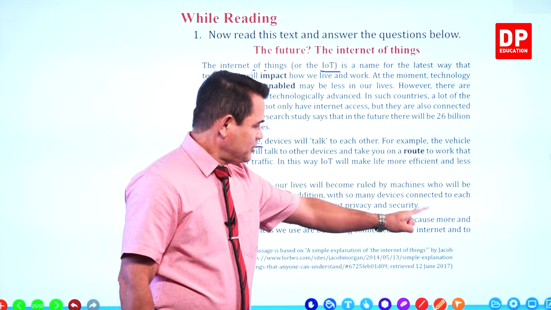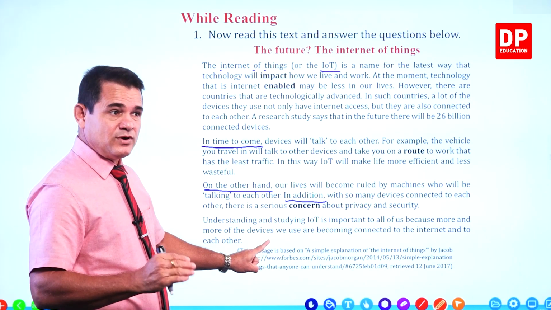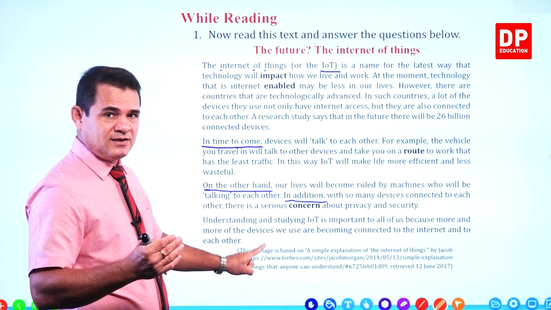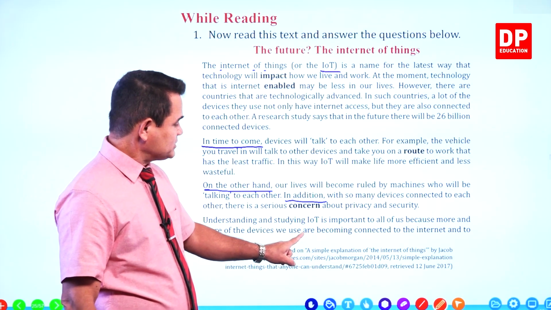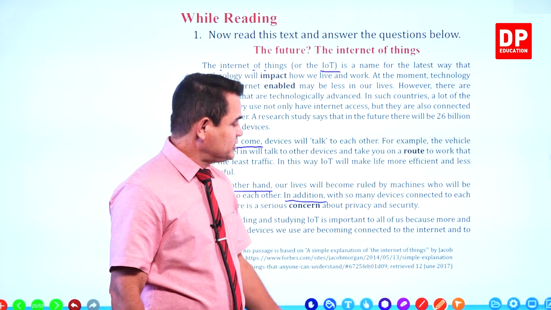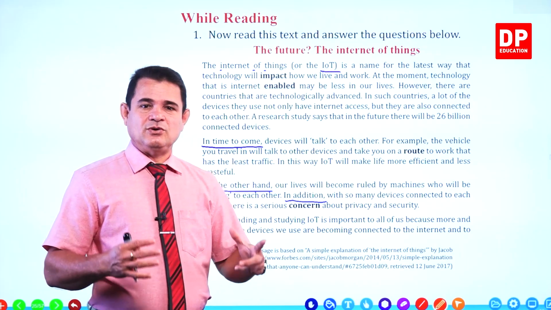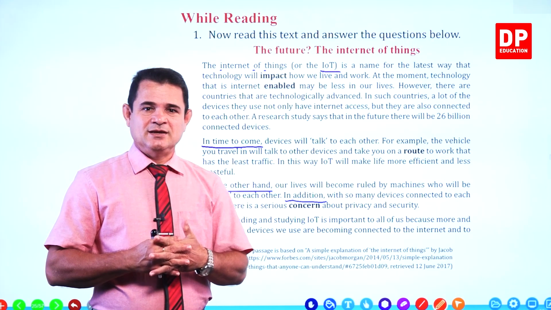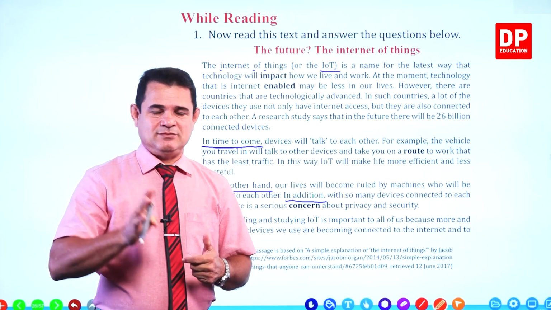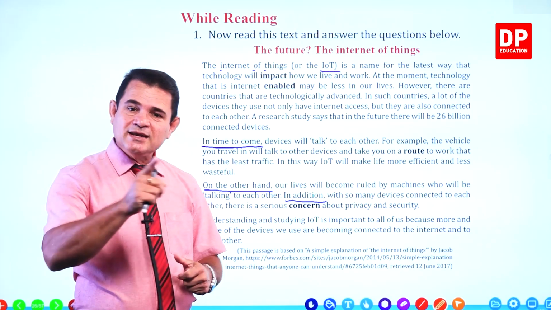Because more and more of the devices we use are becoming connected to the internet and to each other. All we use, අපි මේ භාවිතා කරන හැම දෙයක්ම එතකොට connected to internet වෙන්න පුළුවන් අනාගතයේදී. And also ඒවා එකිනෙක connect වෙලා.